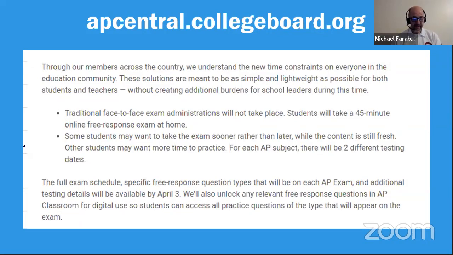The full exam schedule, specific free response question types that will be on each AP exam, and additional testing details will be available by April 3rd. Any relevant free response questions in AP Classroom will be available for digital use, so students can access all practice questions of the type that will appear on the exam.